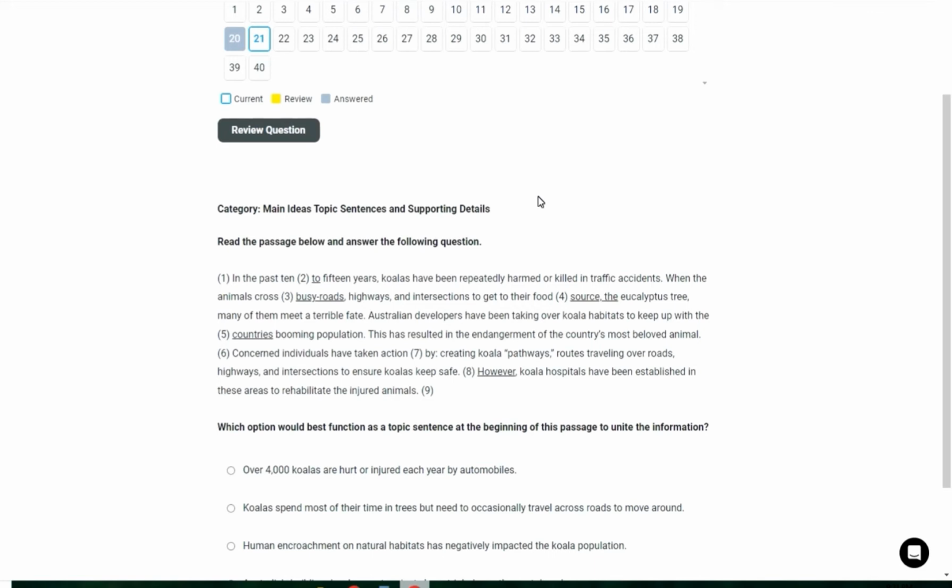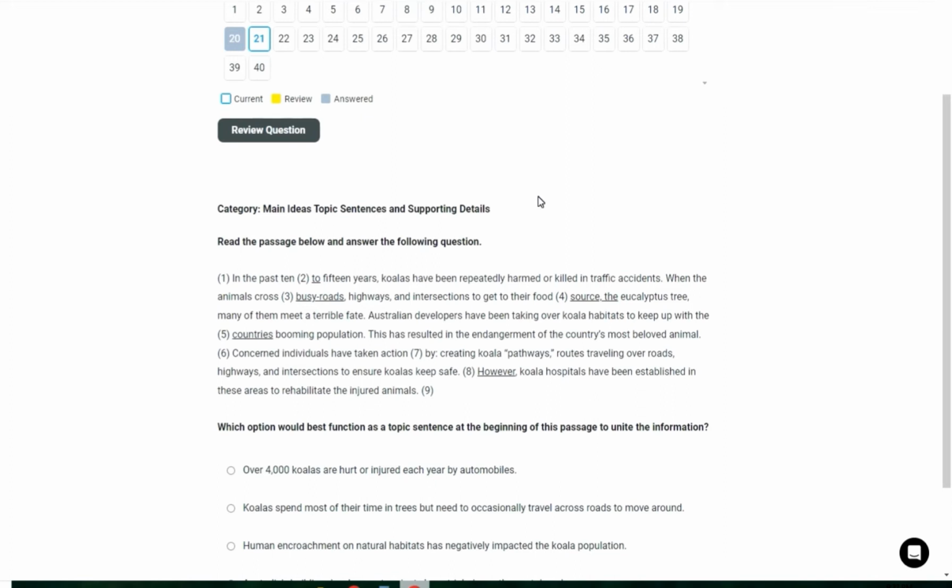Australian developers have been taking over koala habitats to keep up with the country's booming population. This has resulted in the endangerment of the country's most beloved animal. Concerned individuals have taken action by creating koala pathways, routes traveling over roads, highways, and intersections to ensure koalas keep safe. However, koala hospitals have been established in these areas to rehabilitate the injured animals.